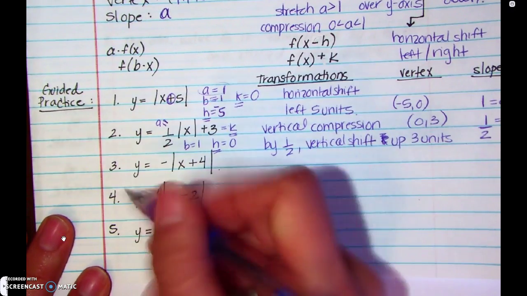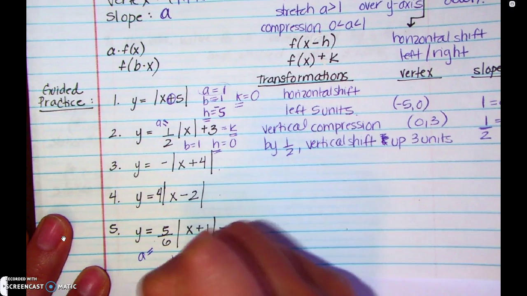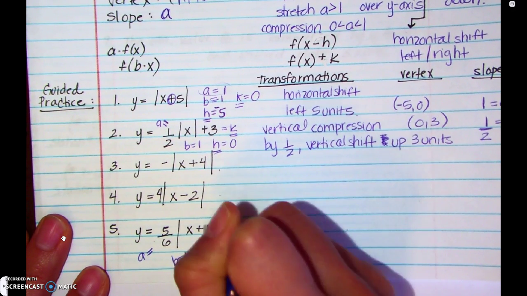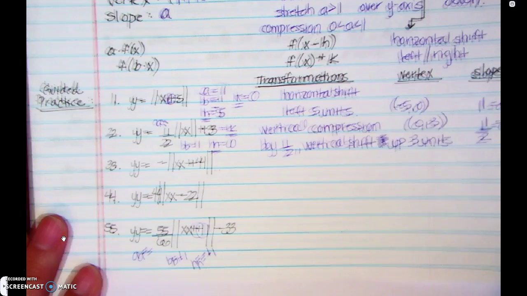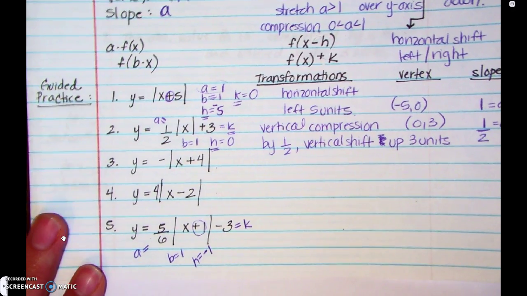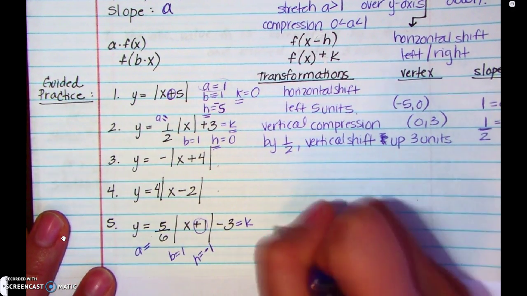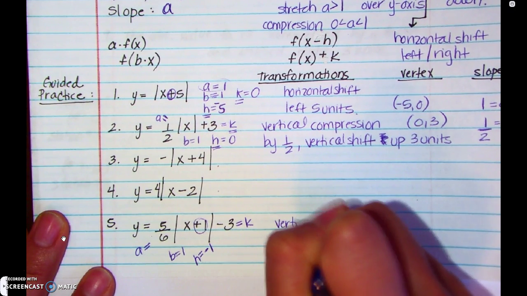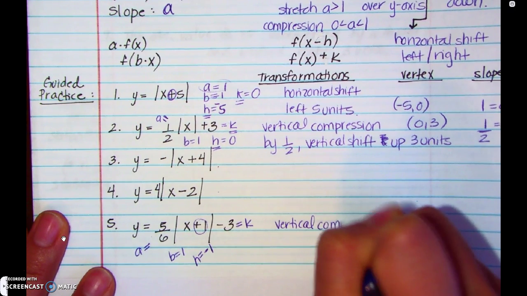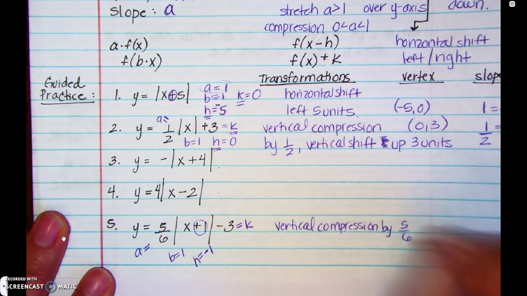In this case, A is equal to 5/6, B is equal to 1, H is equal to -1. It's the opposite of what you see here. And then K is equal to -3. So this has a couple of transformations. The first one is a vertical stretch or compression. It should be compression by 5/6.